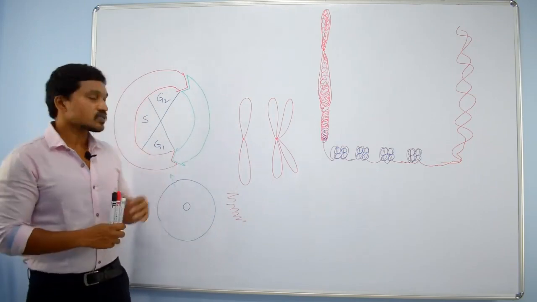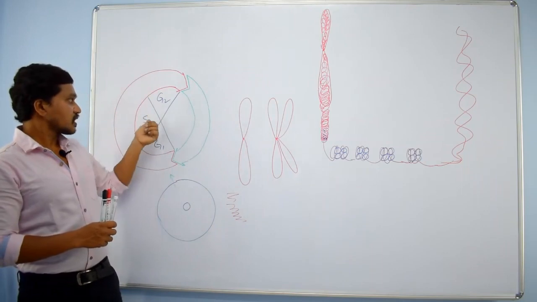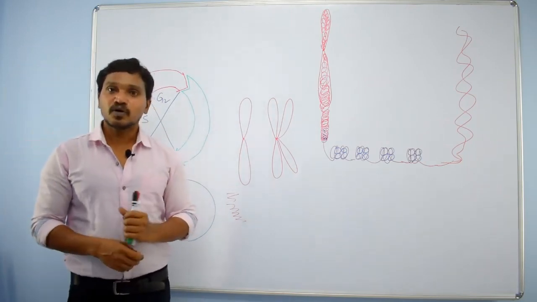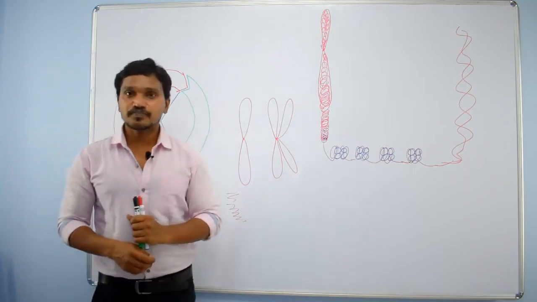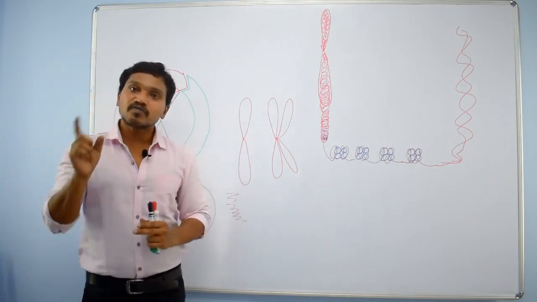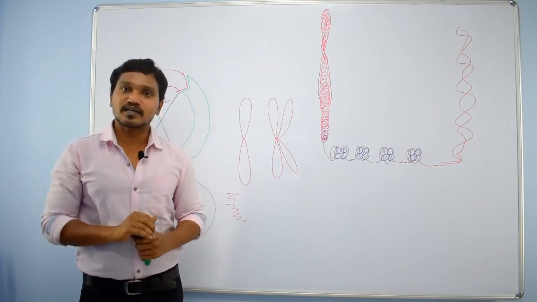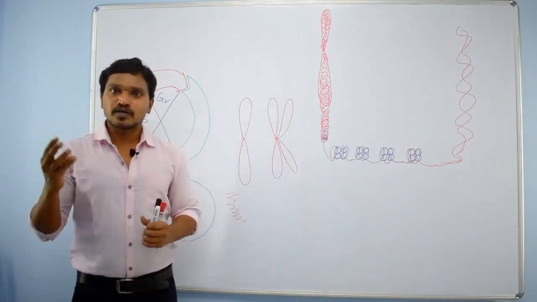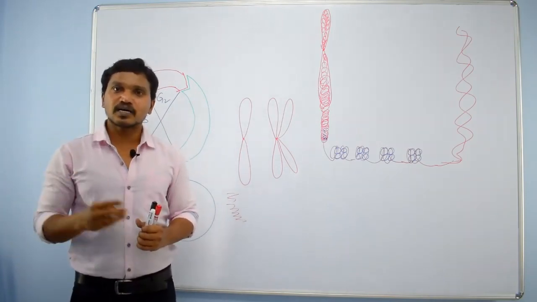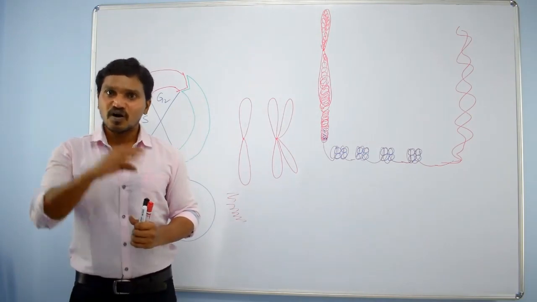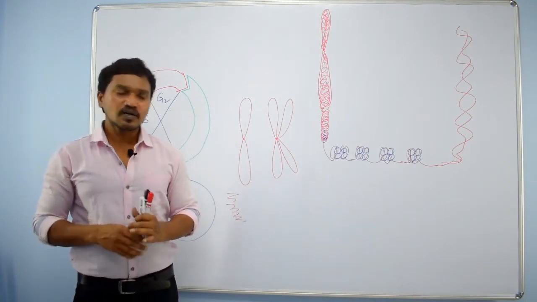Clear? Once synthesis completes, this cell undergoes G2 phase. Once it enters G2 phase, there will be multiplication of cell organelles. You must be aware of it. A cell contains different organelles: endoplasmic reticulum, Golgi complex, ribosomes, lysosomes. All these structures will be there, right?